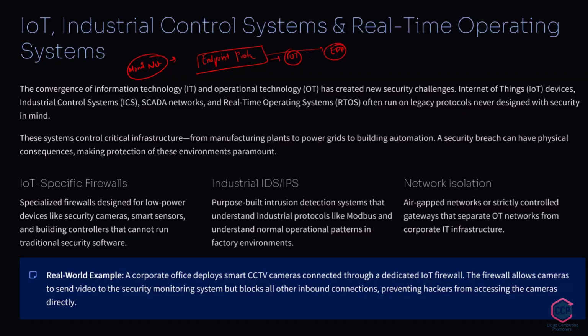And IoT specific firewalls, in the sense specific firewalls for low power devices, like security cameras, smart sensors, and building controls that cannot run traditional security software, where we will get RFID. Every person working in an organization will have a punch in punch out card which they need to scan to get into that room.